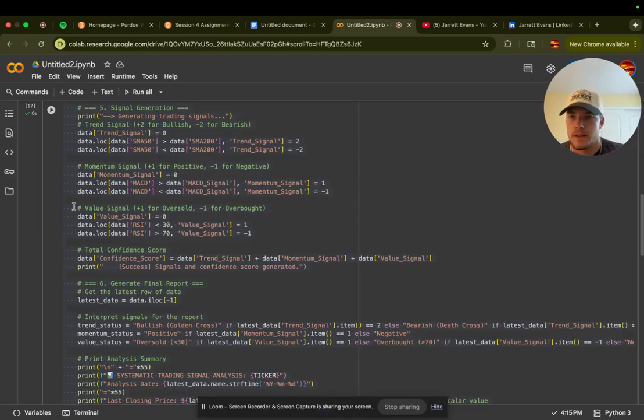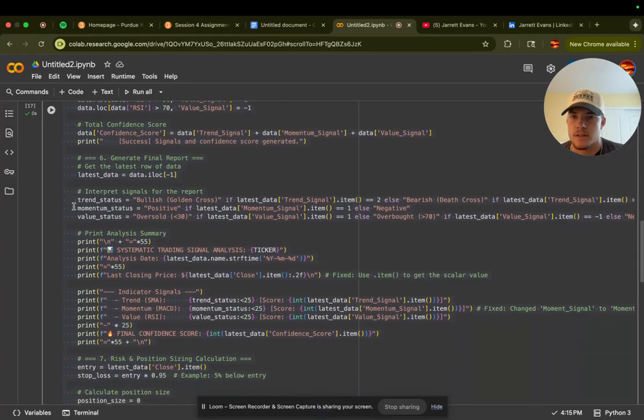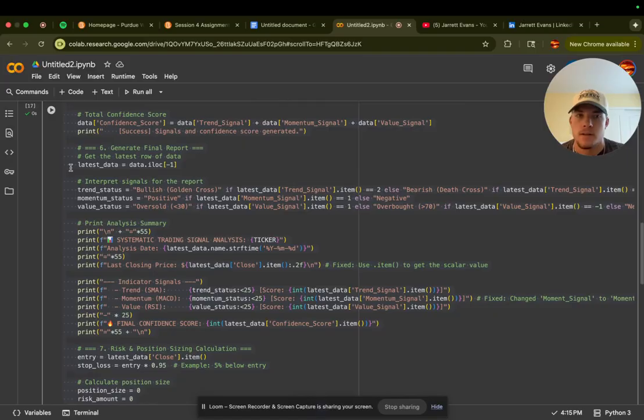So that brings us to the confidence score, which is +1. That tells us it's not really a strong buy signal. +3 or +4 would definitely be like okay, we'll go ahead and do that. But +1 tells us to be cautious.